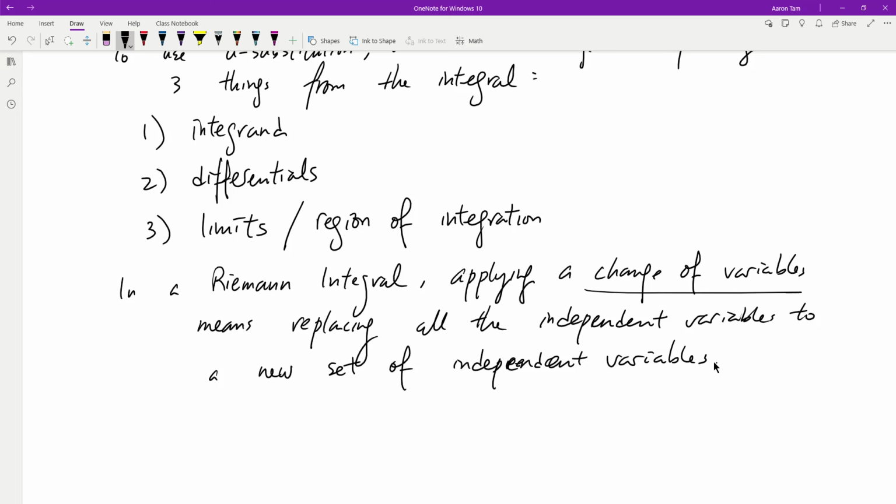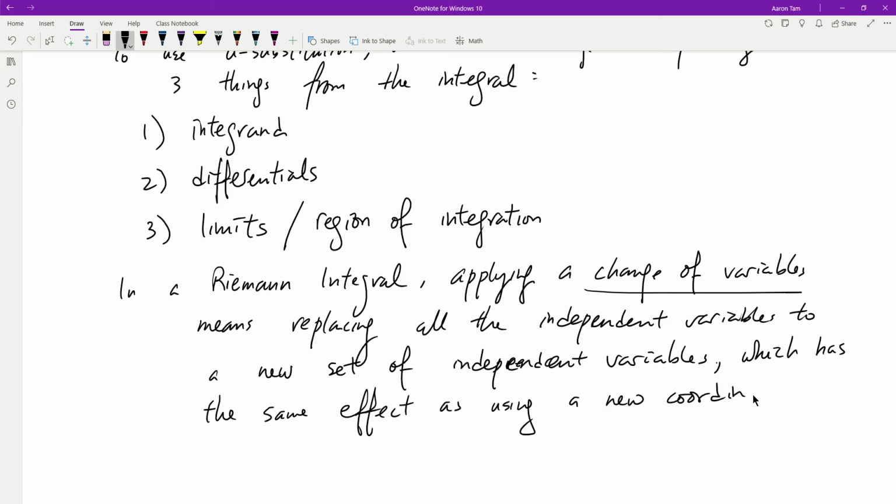And therefore it implies that what we have done has the same effect as using a new coordinate system. Meaning, instead of using x and y, we probably apply a change of variable to turn them into r and theta, and now we can interpret r and theta in a completely different way than x and y, and therefore use a completely different coordinate system.